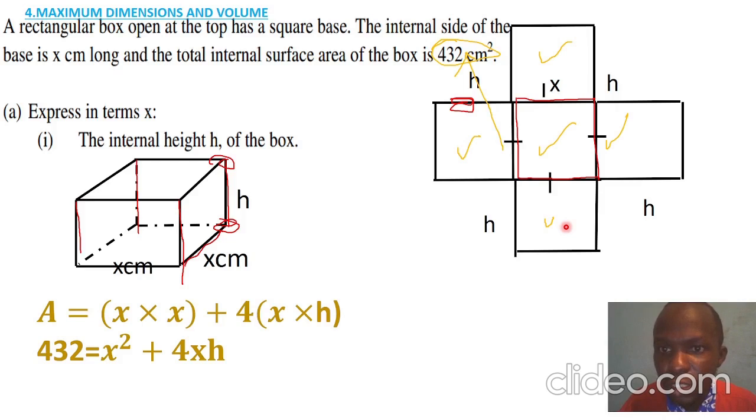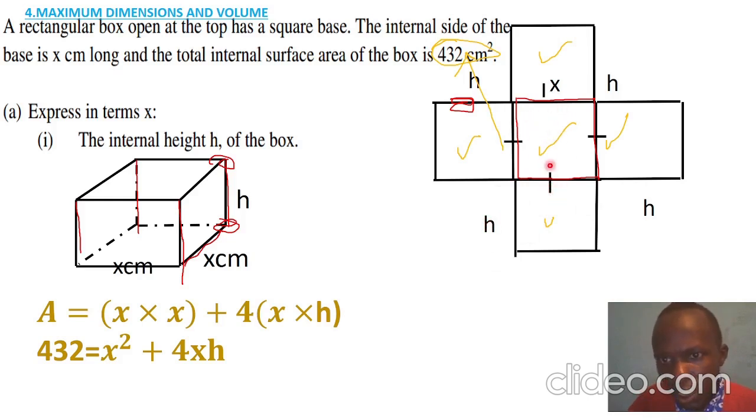That means the area of all four is the same as 4 times the area of one particular shape. Now what is that shape? That is a rectangle. The dimension of this is x times h, so the area is just length times width, which is h times x.